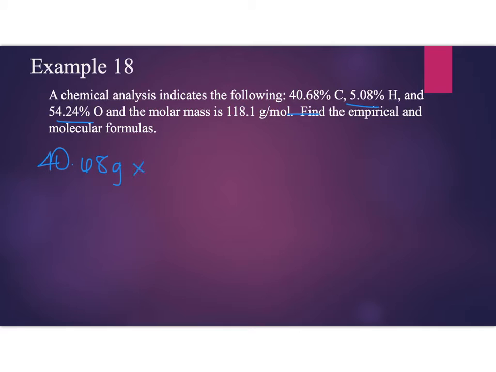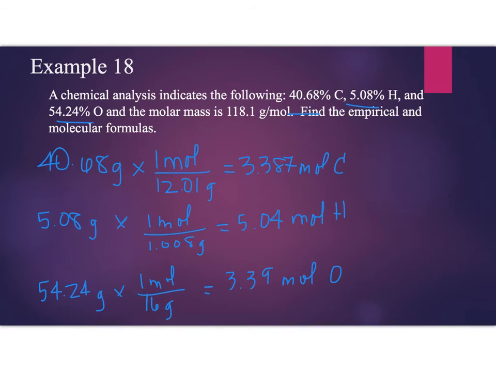I'm going to multiply that by 1 mole for every 12.01 grams, and this gives me 3.387 moles of carbon. I'm going to do the same thing for hydrogen and oxygen. As you can see, I end up with 3.387 moles of carbon, 5.04 moles of hydrogen, and 3.39 moles of oxygen.